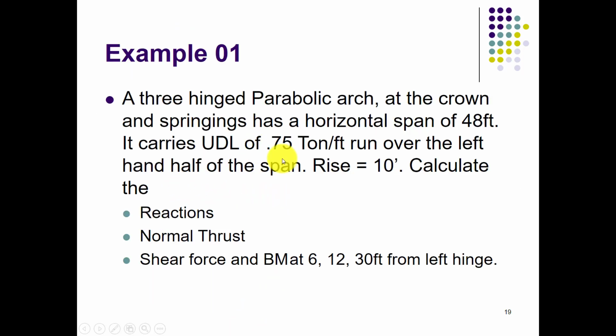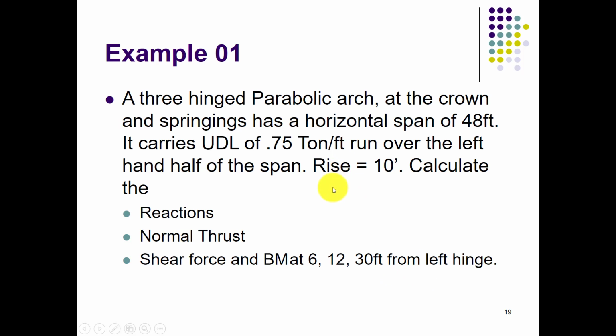So for example, we have a parabolic arch on which we have a uniformly distributed load on its left half, which is 0.75 kilotons per feet. It has a rise, which is a YC value of 10 feet. We have to calculate the reactions, vertical reactions and the horizontal reaction, which is the normal thrust, and we have to take the values of shear and moment at 6, 12 and 30 feet from the left hinge.